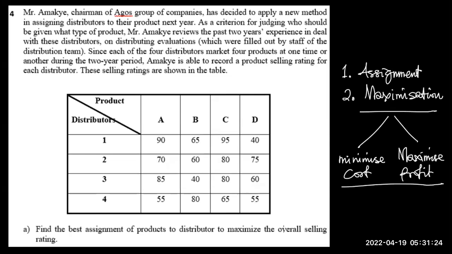Because you want to maximize your overall selling rating. You don't minimize or reduce your ratings. You want to have a higher rating. So anything positive, you maximize.